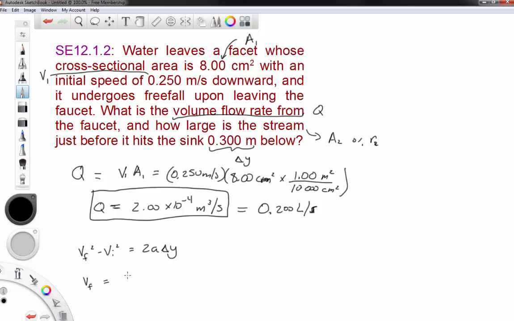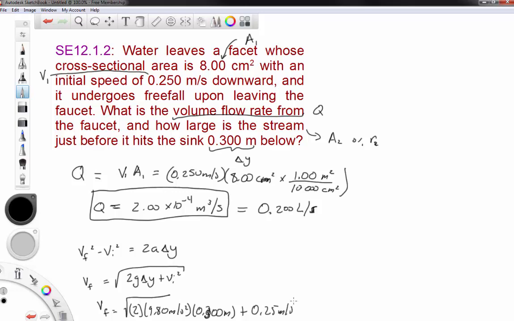So the final speed should be 2 times g times delta y plus the initial speed squared, all under a square root. The final speed is the square root of 2 times 9.8 meters per second squared times 0.300 meters plus 0.25 meters per second, squared. That gives us a final speed of about 2.44 meters per second. So V final is 2.4377, for what that's worth, meters per second.